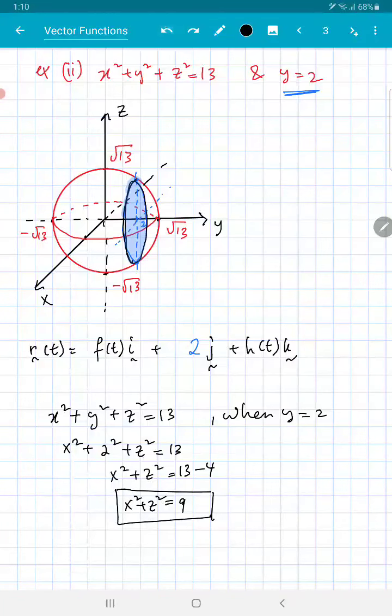Now we're going to relate x and z, because y is always 2.